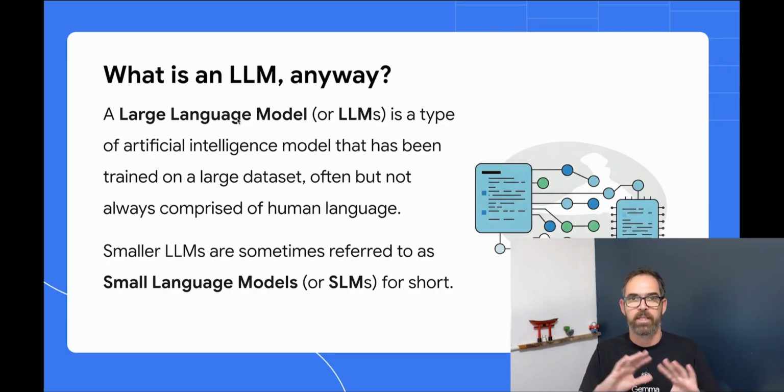And the most important thing that we need to know about it is that someone took a lot of language information and trained a model to understand language, to be able to understand the prompt that we give it and to respond with language to us. So that's the foundation of an LLM. I'm not going to dive into how it creates the response, the prediction and all that stuff. That's for an entire video.